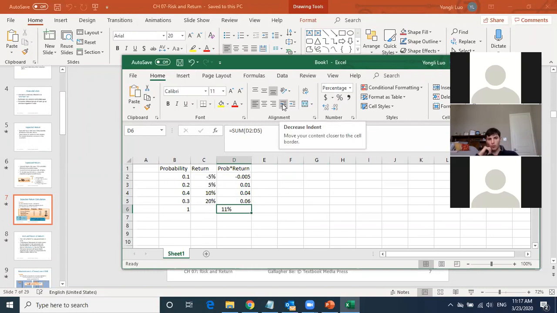You add more decimals. Okay, good. So that's 10.5%. What is this? This is your expected return. Remember, this is the expected return you calculated.